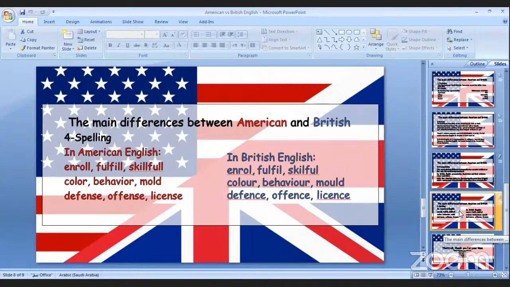Yes, in British. Amal, yeah? Yes, Amal. Go in American English. In American English, color, flavor. In British, colour, flavour. Okay, Amal? In American, enroll.